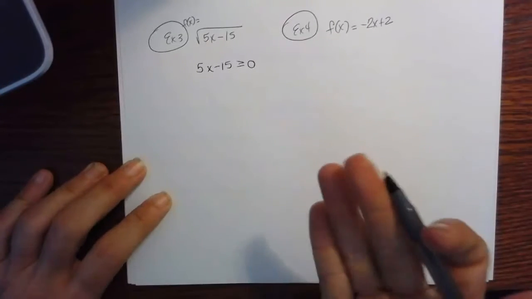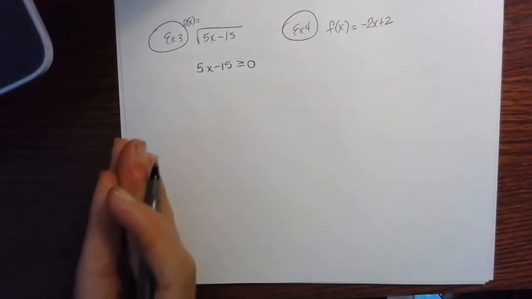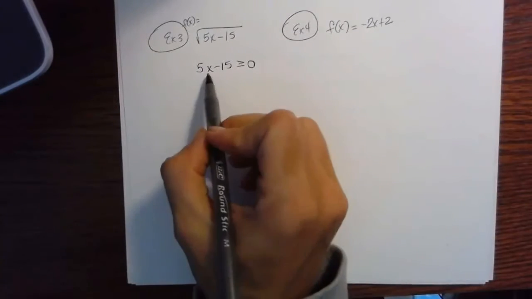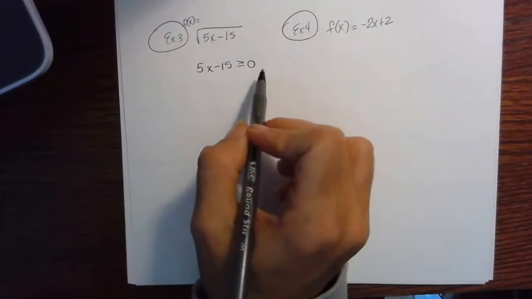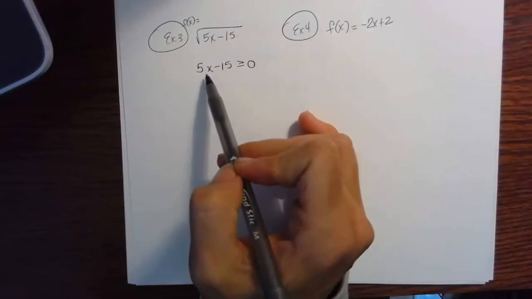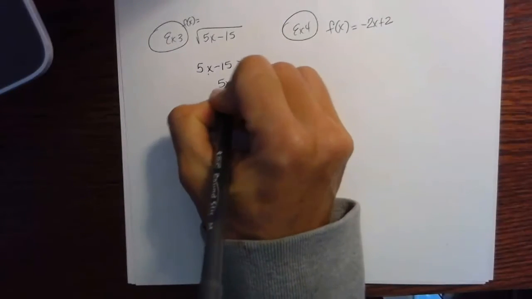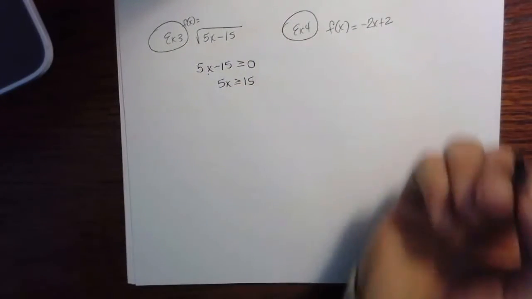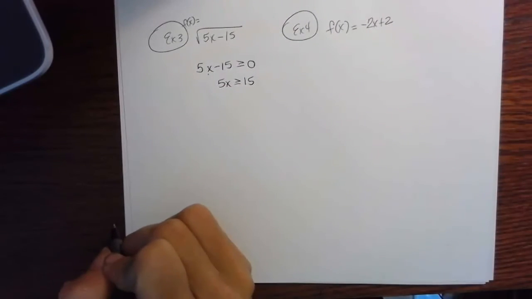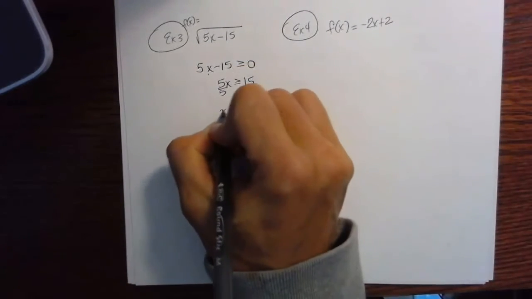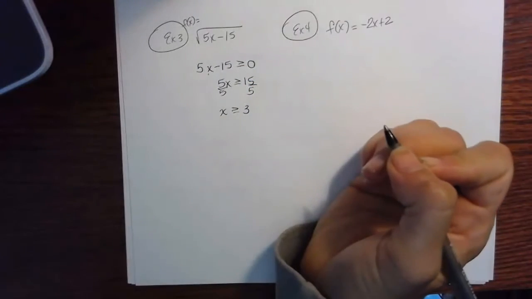Remember, think about the number line. Anything to the right of 0 or including 0 is not negative. So we use this inequality for the radicals, and we solve for x. We get 5x is greater than or equal to 15. Divide both sides by 5, and we get x is greater than or equal to 3.